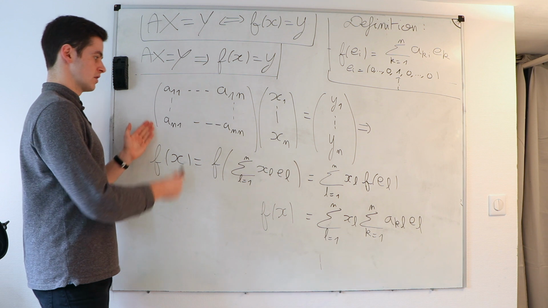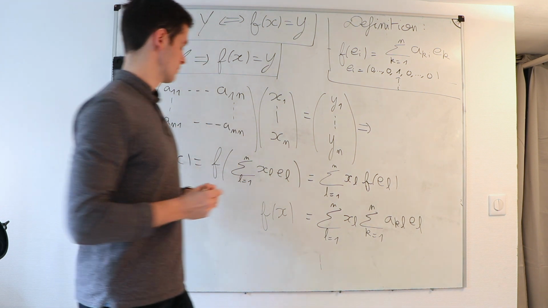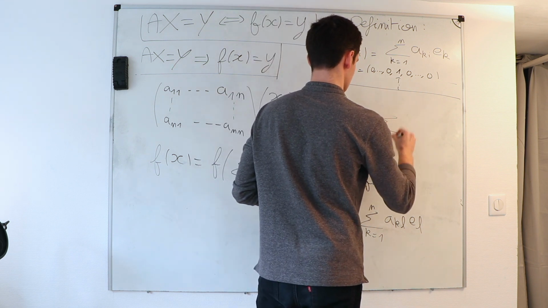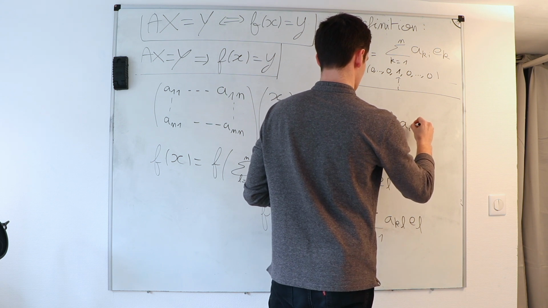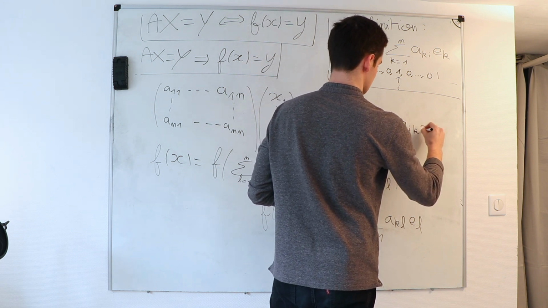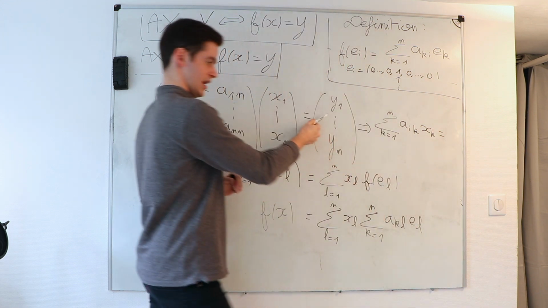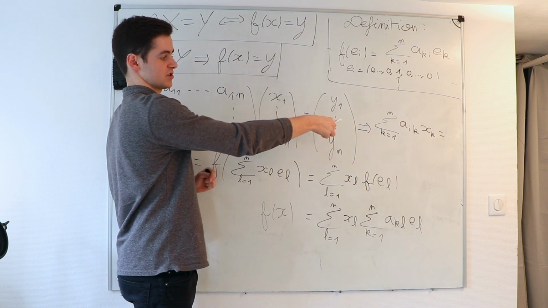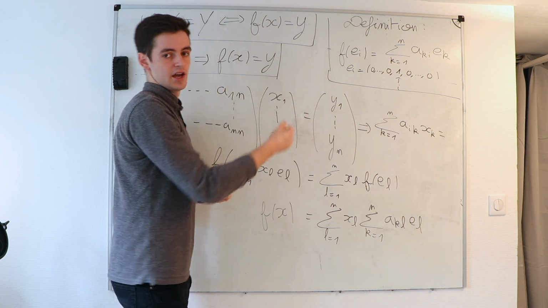So we end up with this equality, but by assumption, A times X is equal to Y. So, in particular, let's choose the ith line of the matrix A. The sum for k running from 1 to n of aik times xk is equal to the ith line of the column vector Y, that is to say, just a scalar, a component, yi.